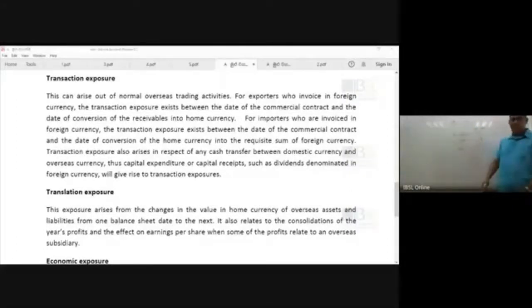If I say it correctly, the left hand side figure should always be less than the right hand side figure. This has to be remembered very thoroughly. Whatever the quote is, whether it's a direct quote or an indirect quote, always the left hand side figure is, figure wise, less than the right hand side figure.